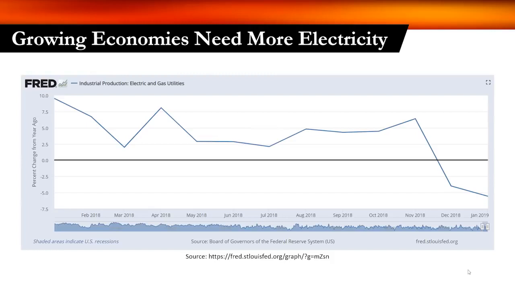Well, it applies in the US as well, and over the past quarter, we have seen industrial production of electric and gas utilities decline year over year. That's unusual because it comes at a time of year when we expect demand for electricity to increase.